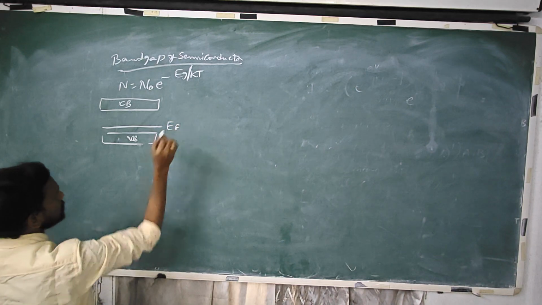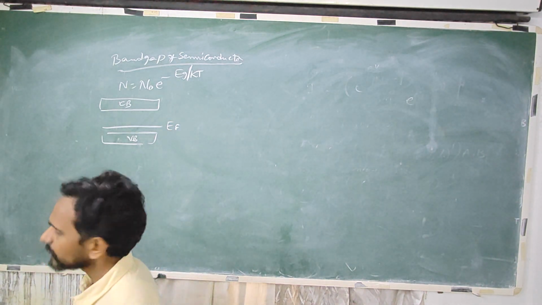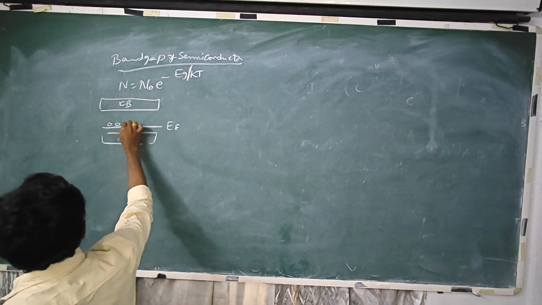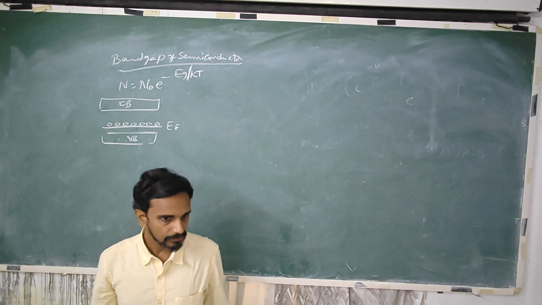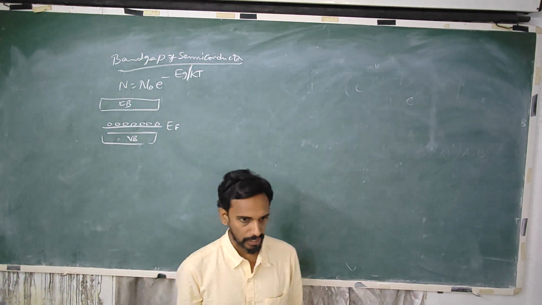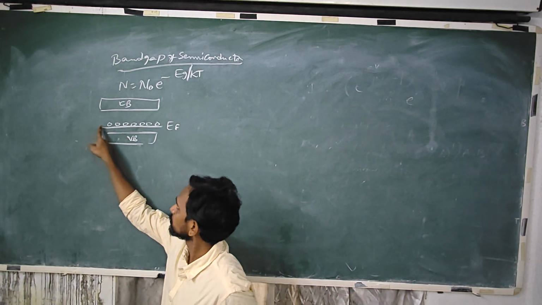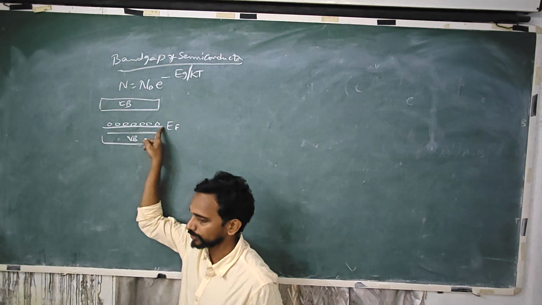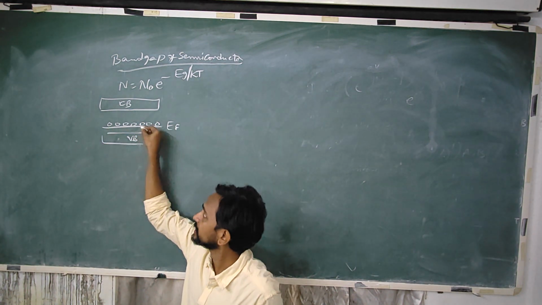Fermi level will be nearer to valence band in p-type material, and the excess holes that are coming from the dopant will be nearer to valence band. The energy of the excess holes coming from the dopant, the carriers from the trivalent impurity, are all nearer to valence band.